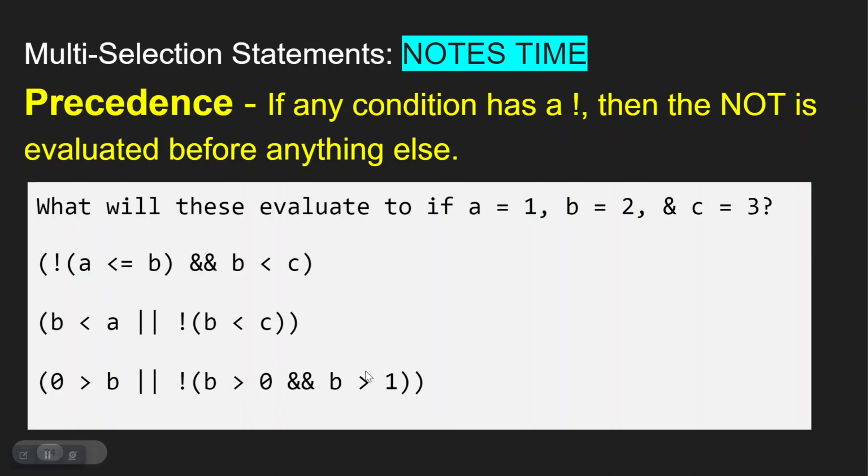So this evaluates to true, but then we have to flip it to false because that exclamation point is right here. So now you would have is 0 greater than B. This is false. And then you would have an or false. So this entire thing would evaluate to false. So we always have to look out for exclamation points because the not is always evaluated before anything else.